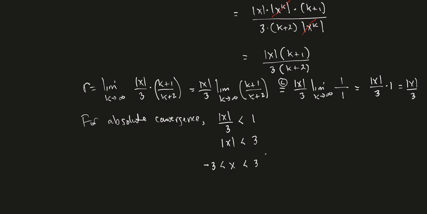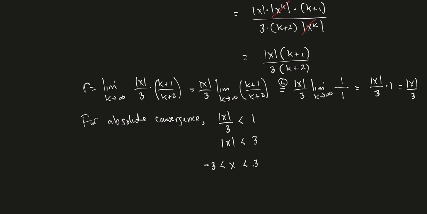All right. Now, we can't call this the interval of convergence. And the reason why we can't call this the interval of convergence is because the ratio test fails when our R is equal to 1. So we don't know what happens at the endpoints.